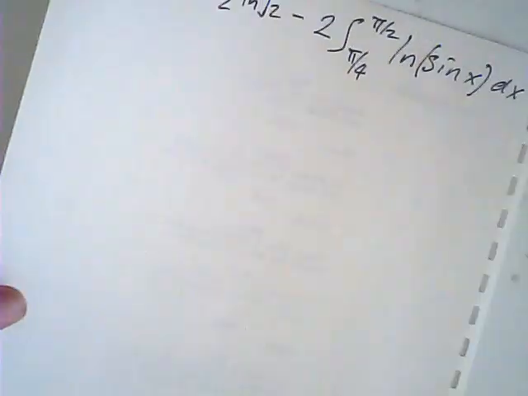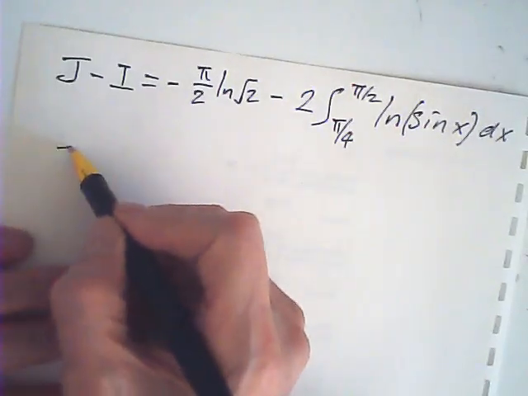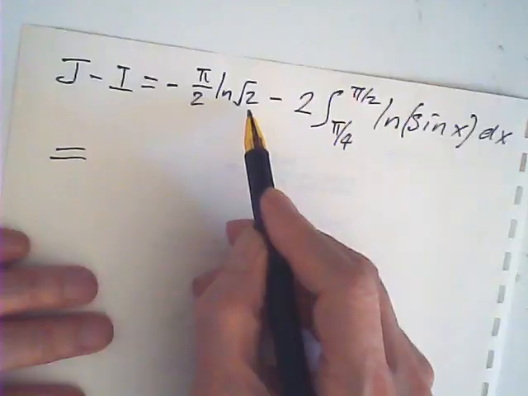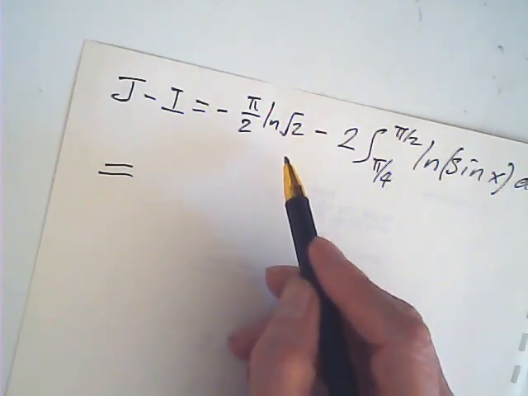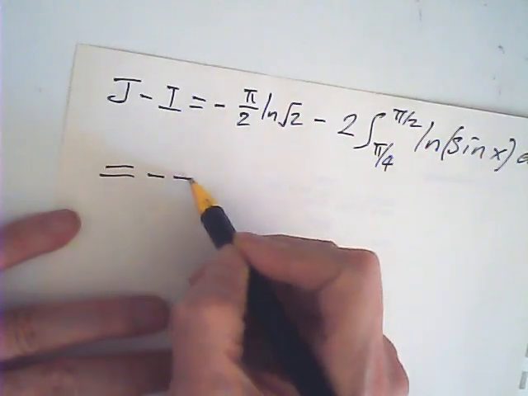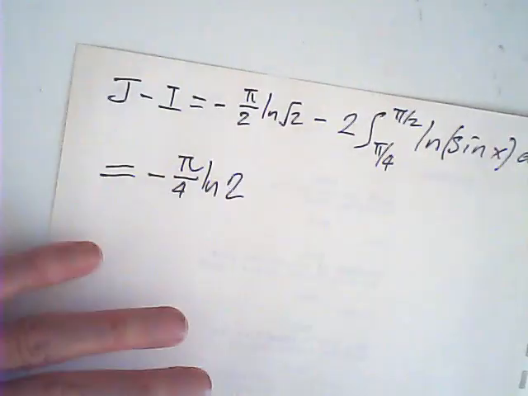Okay, I hope you can follow. All right. Then this one is equal to: log root 2 is a half log 2. So this is equal to negative quarter pi log 2.